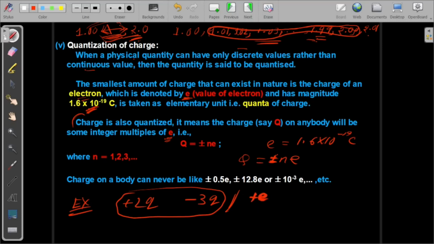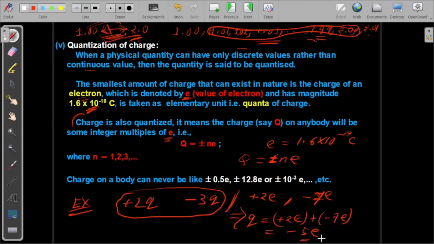Now in this case, suppose we have two positive charges, I mean protons, 2e and 3e. Suppose this is 7. Then what will be the total charge? You just add them. After adding, what will be the result? Minus 5e.